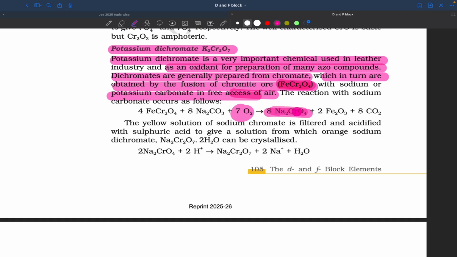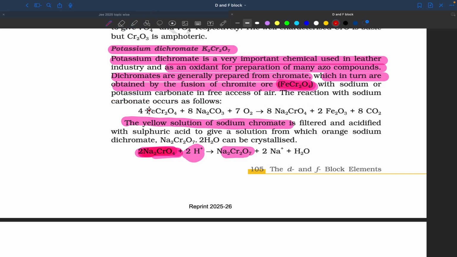So here is the Na2CrO4, and so formed Na2CrO4 is acidified with H plus ions or any acid to convert it into Na2Cr2O7. The yellow solution of sodium chromate, look here, yellow solution of chromate. Now, like the question we saw earlier, we have seen this question. In this question, this is liquid, this is solid, this is gas.